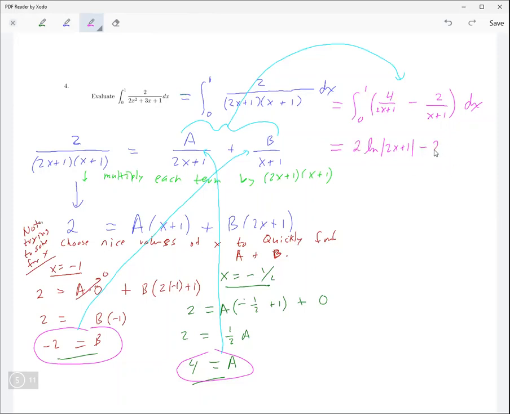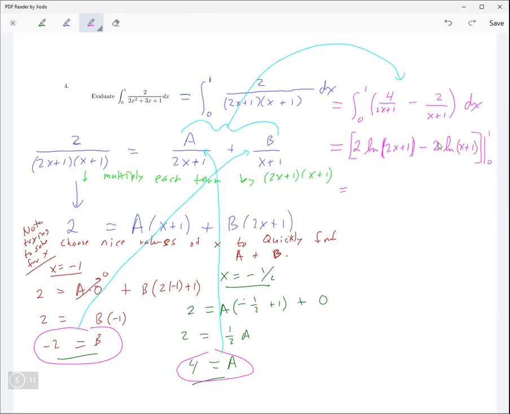And then here, the natural logarithm of x plus 1. Here, you can change the absolute values to parentheses because you're only looking at values of x between 0 and 1. When x is between 0 and 1, both of these are positive, so you're okay. And you're integrating from 0 to 1.